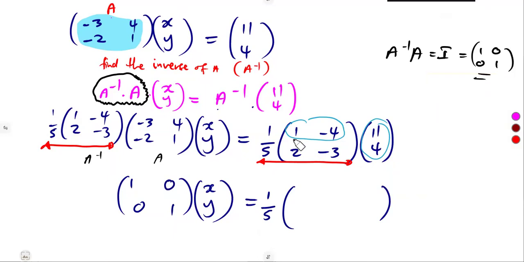Let's multiply: 1 times 11 is 11, plus -4 times 4, which is -16. We move on to this row, but still the same column. So that's 2 times 11, which is 22, plus -3 times 4, which is -12. So that is what you were going to have.